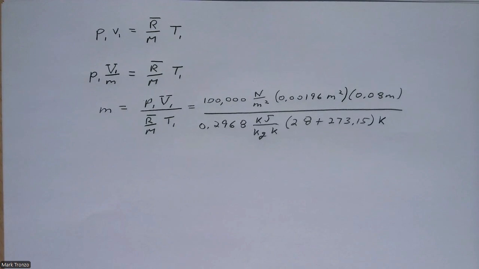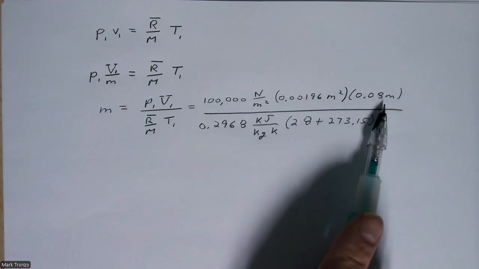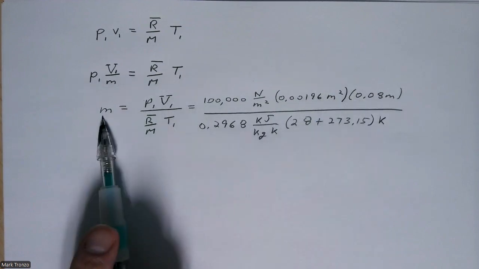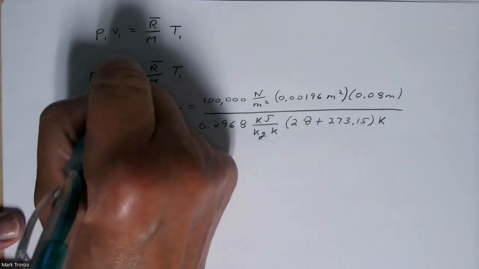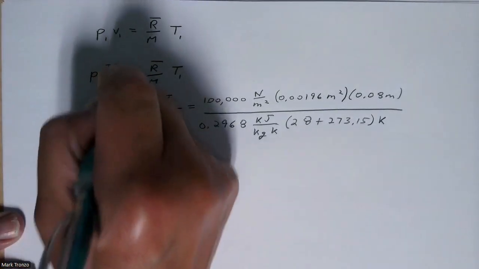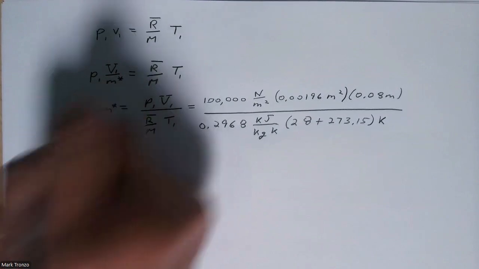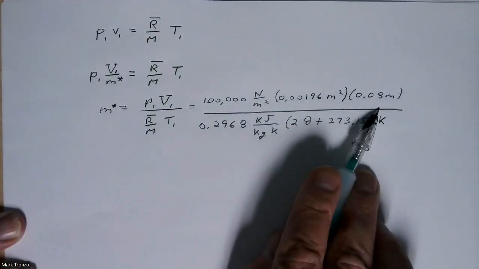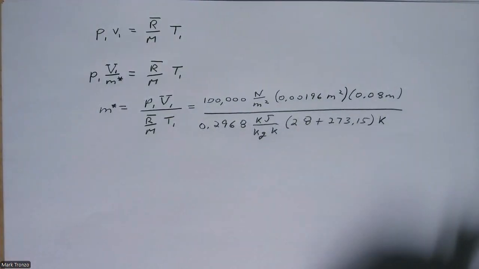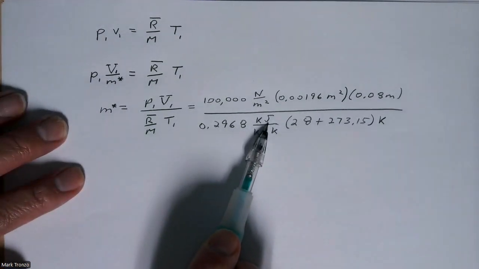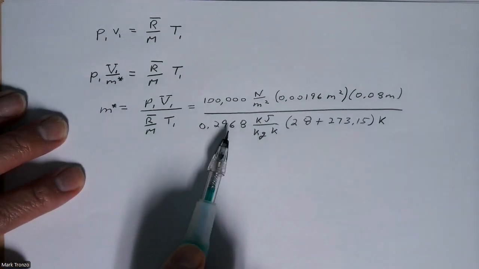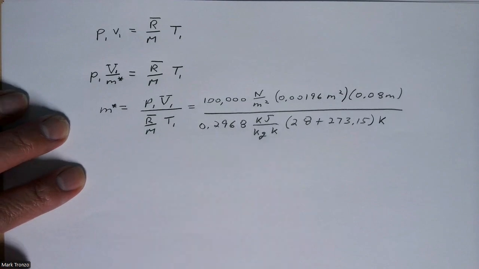Now it's a bit confusing because I have meters here on this side, and on this side, this is mass. So maybe let me just put a star by the mass here to realize that that's mass, and these are meters over here. But let's just check to be sure things are working out correctly. Let me make one change here. Here we have kilojoules, and let me turn that into joules.